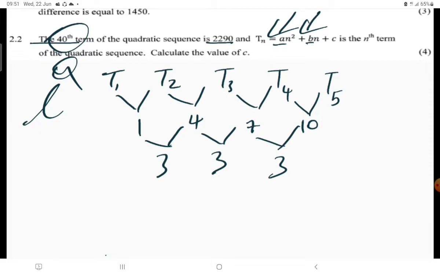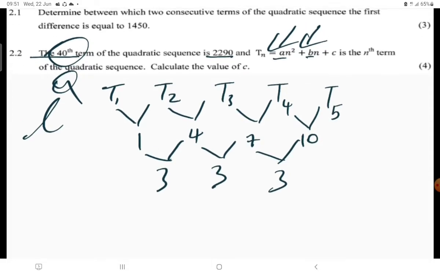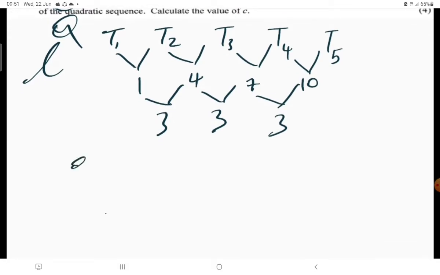Remember we have 2A equal to the second difference, so A is going to be equal to 3 over 2.